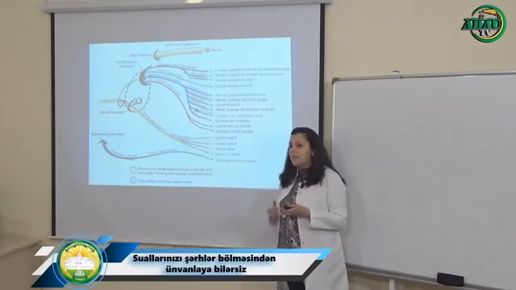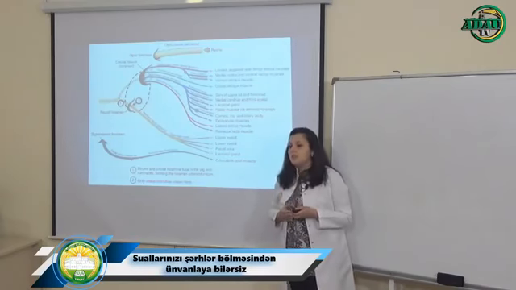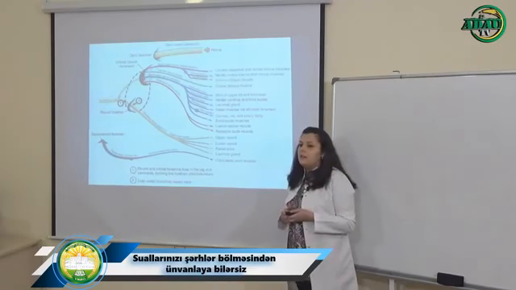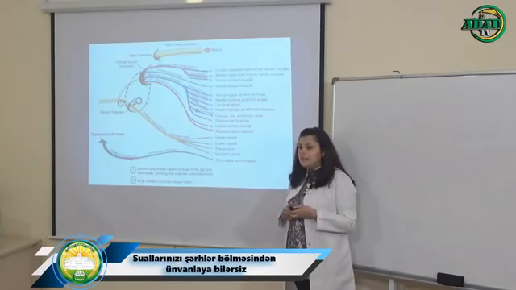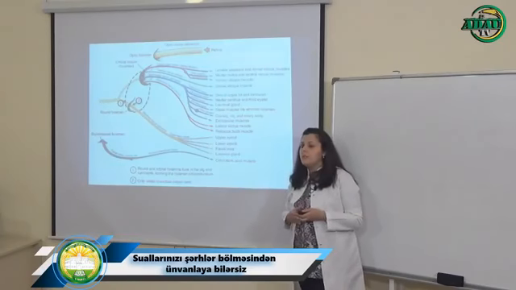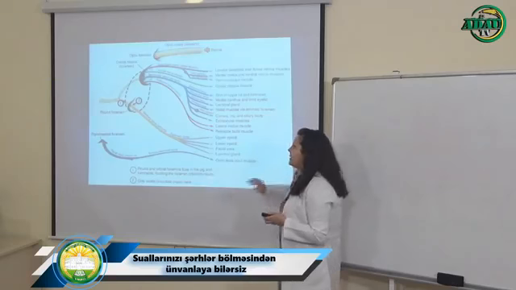Besides the second cranial nerve, there are the third, fourth, and sixth cranial nerves which provide the innervation of the extraocular muscles. The third is nervus oculomotorius, the fourth is nervus trochlearis, and the sixth is nervus abducens. Besides, there is nervus trigeminus.